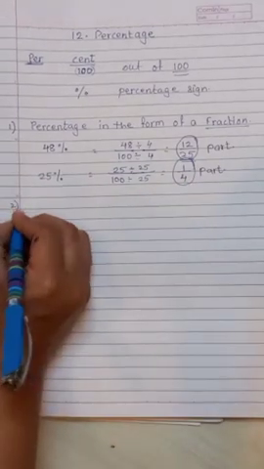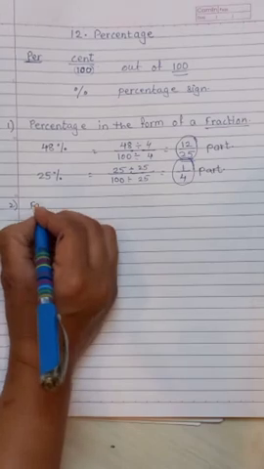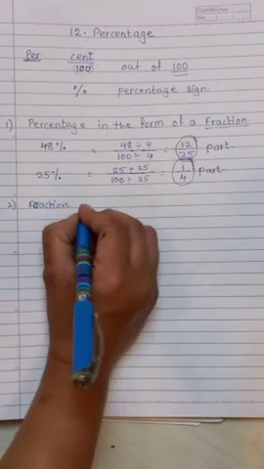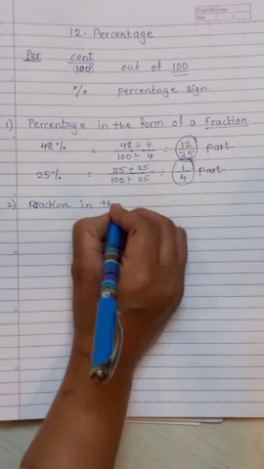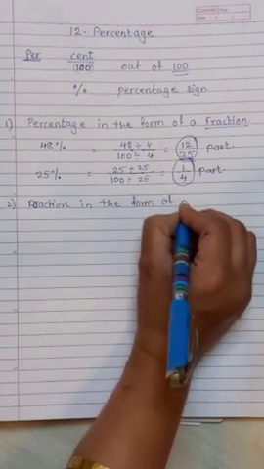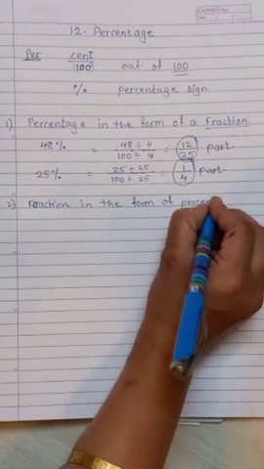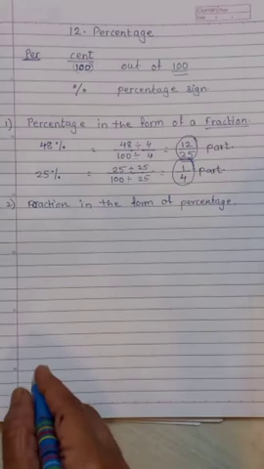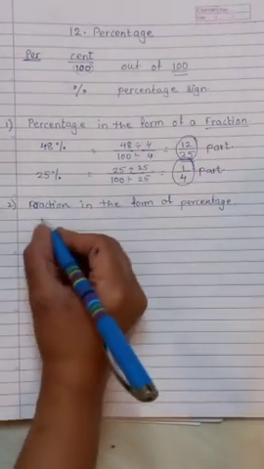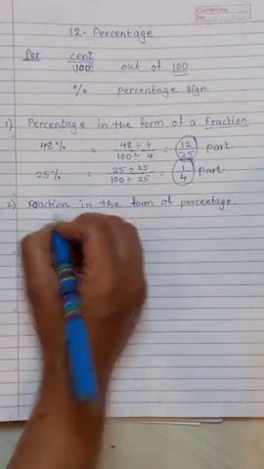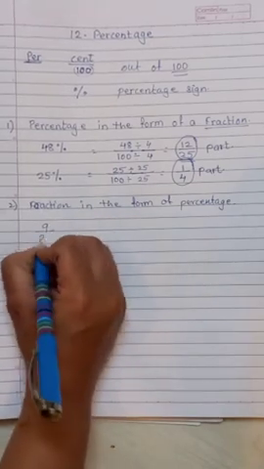Now the second part is a fraction in the form of percentage. Suppose a fraction is given, 9 upon 20.